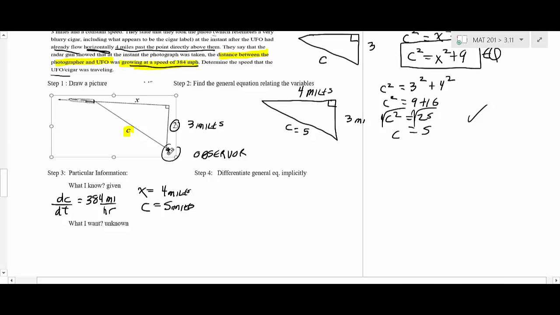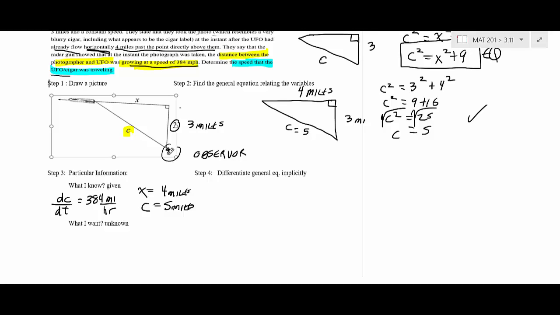Now what we're trying to find is this. The key thing is it says determine the speed at which the UFO was traveling. So what is a speed? A speed is a distance over a time. What is the distance that the UFO is traveling, not from the observer, but its own distance? What variable represents the distance that the UFO is traveling?